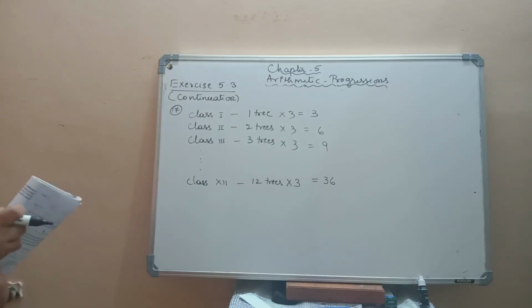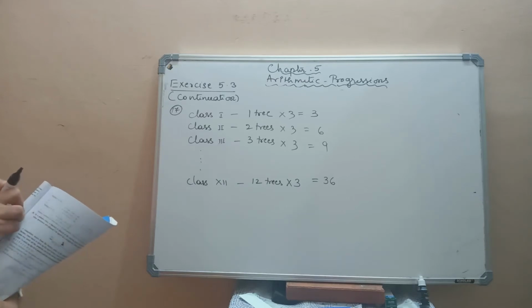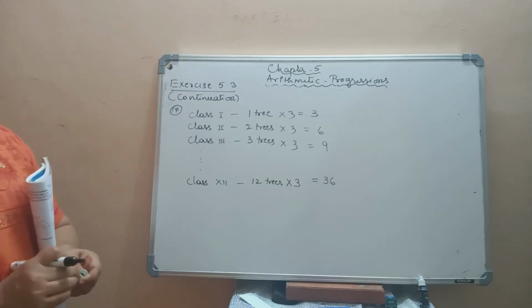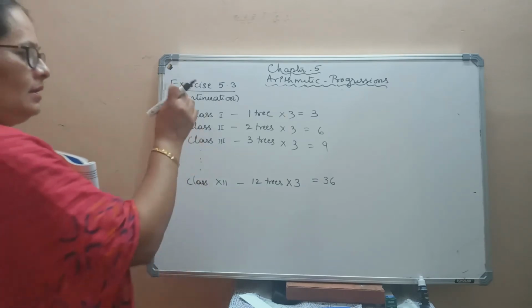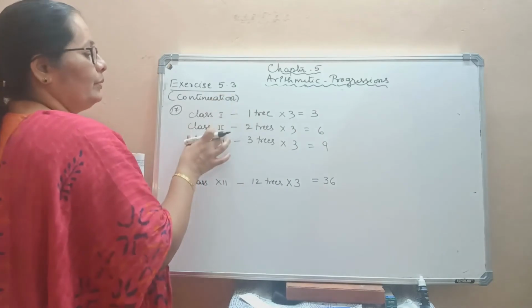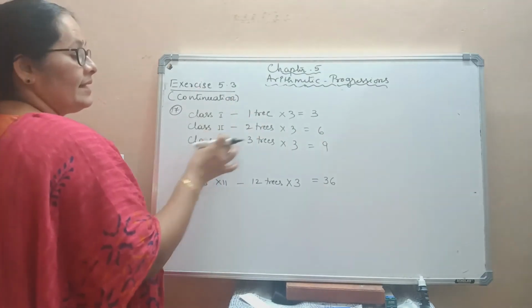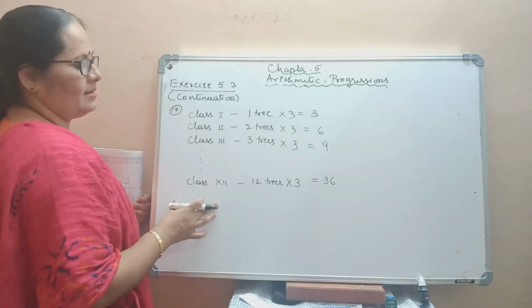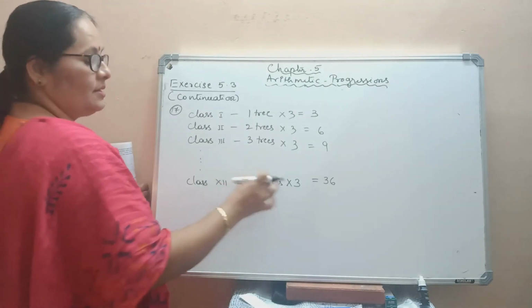How many trees will be planted by the students? Class 1, 1 tree. Class 2, 2 trees. Class 3, 3 trees. Class 4, 4 trees. Like that up to 12th standard, 12 trees.